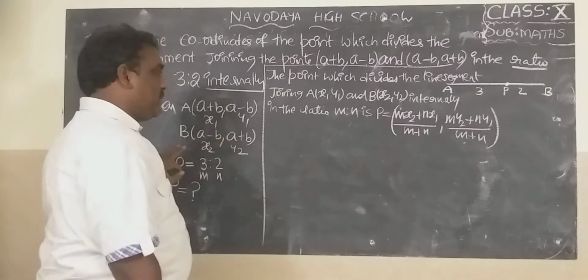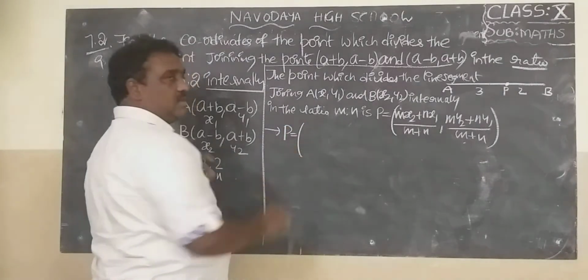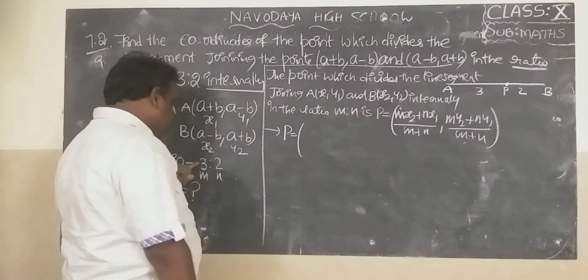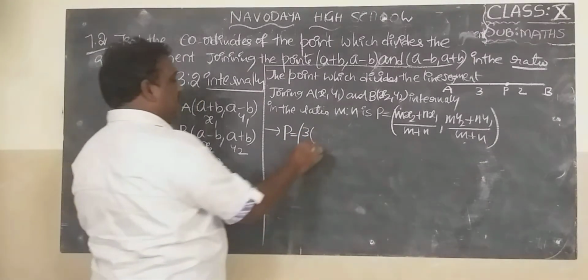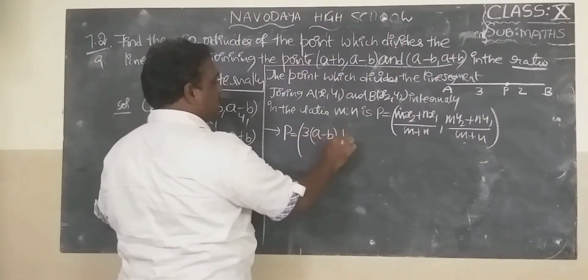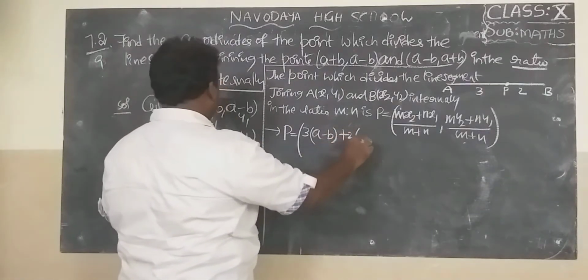Then apply the formula. P equal to mx2. What is the m value? 3. What is the x2 value? a minus b, plus nx1. What is the n value? 2.